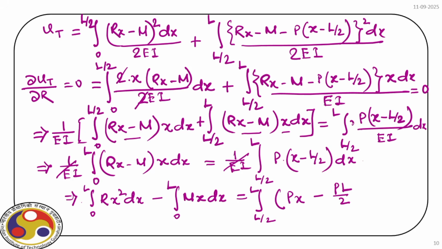So there is an x here. So Px square, then x here dx.